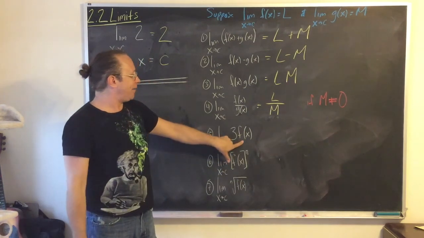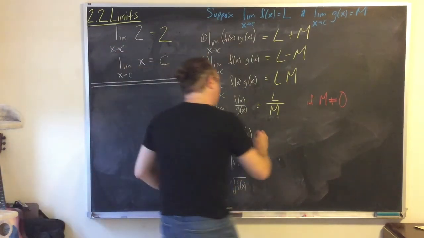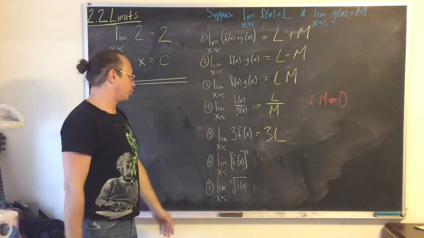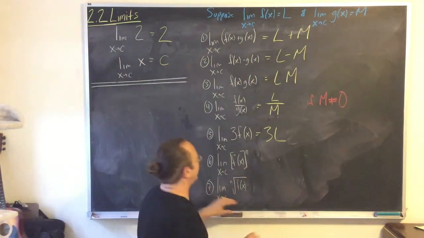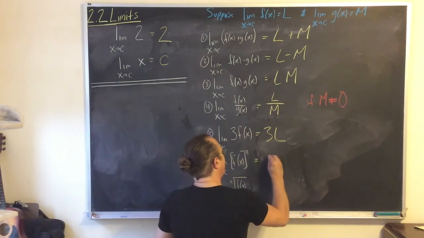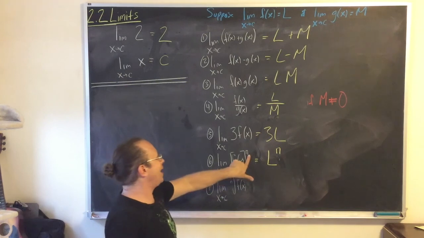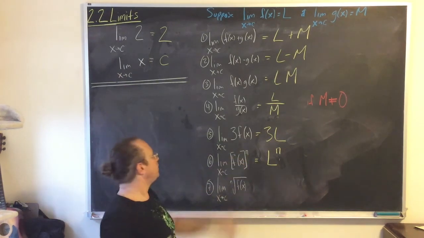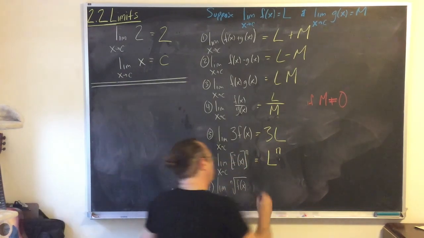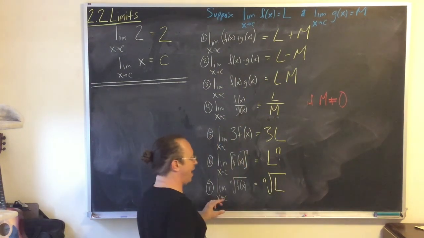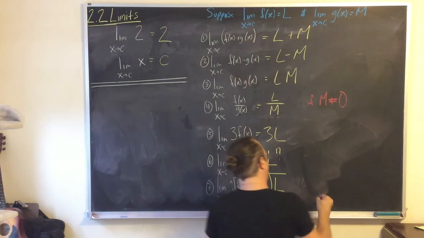If you multiply f of x by 3, that's going to multiply the limit by 3, or any other fixed number. I just chose 3. If you raise f of x to a power, it just raises the limit to that same power. I just use the letter n as a power. And if you take the nth root, it's going to be the nth root of L, and we'll just make a quick note.